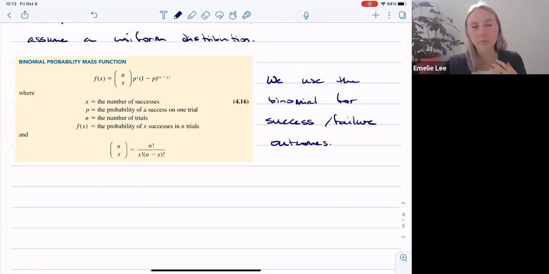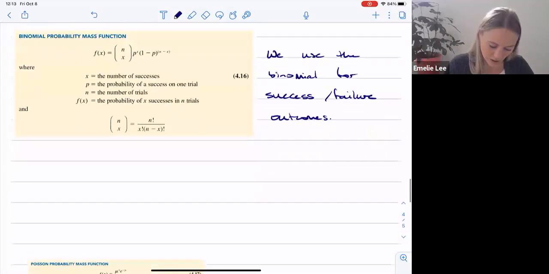Even though there were other parties that you could have voted for, and we understand that, you could reduce it to a success failure situation.